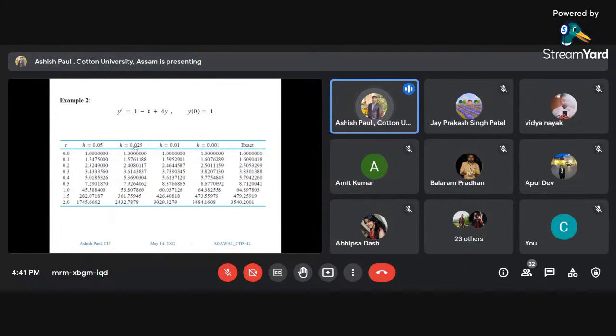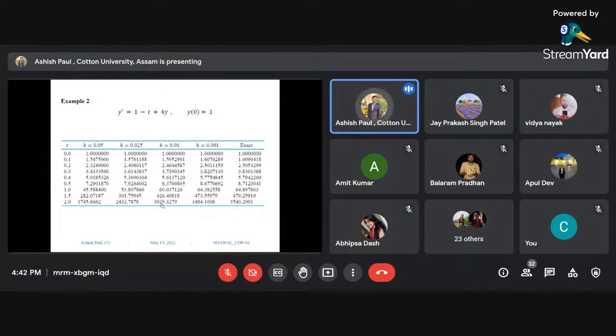So further decreasing the value of h, we have seen that this result is improving, because this is 3540. So taking h is equal to 0.05, at t is equal to 2.0, from 1745 it is improving to 2732. Still, the error is very high. Now, further decreasing the value of h, we have seen it is 3029, closing in on the exact value, but the error is still not tolerable.